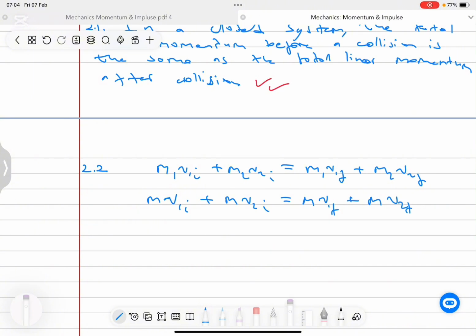Now I can divide this whole equation by m, so that all these m's cancel.